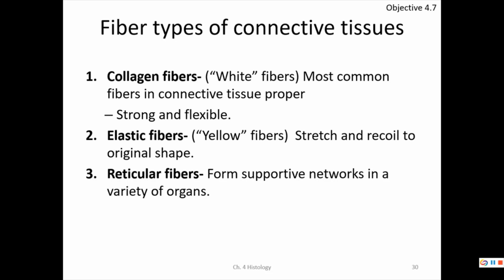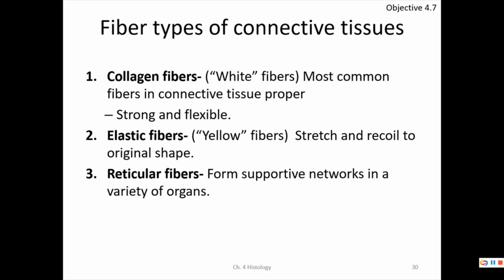Now, I oftentimes like to think of collagen fibers and elastic fibers as two types of things you might find on somebody's underwear. If you go buy a fresh pack of tidy whities in the store, some Hanes or some Fruit of the Loom, they're white, crisp, clean, strong and flexible.